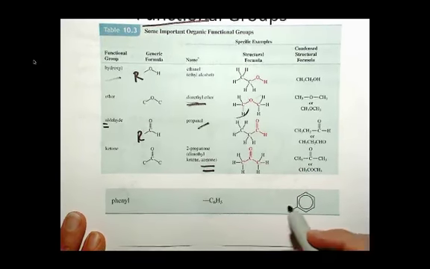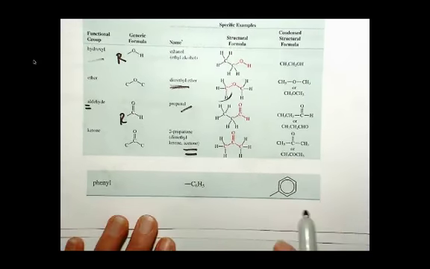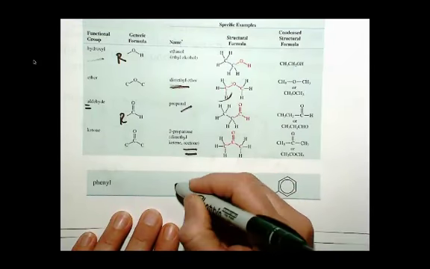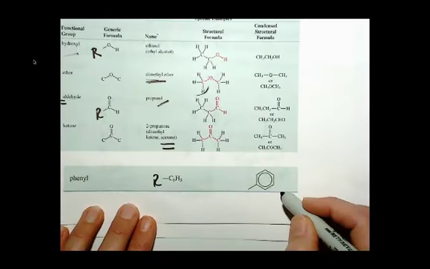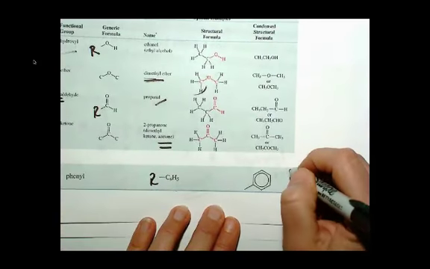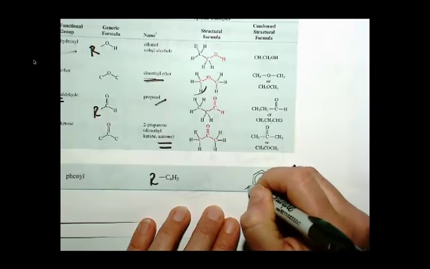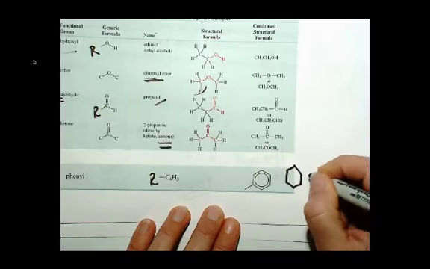The phenyl group is considered a functional group. It's C6H5, and it would be stuck to the rest of the molecule. This is the symbol that's used, but you need to know that it's the same thing as a benzene ring, only it's stuck to the rest of the organic molecule.